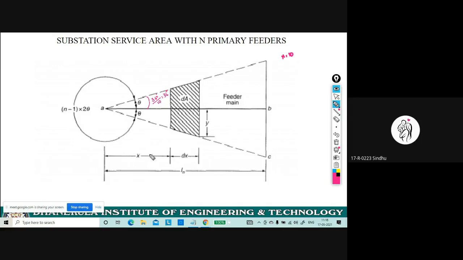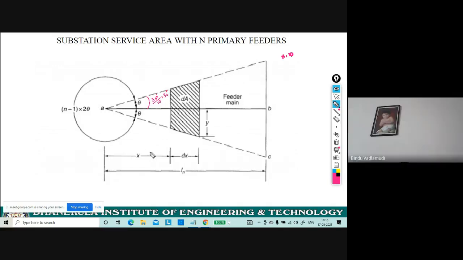In the same way, if n is equal to 12, then theta is 360 degrees by 12. If n is equal to 36 feeders, theta is equal to 360 by 36 degrees. So depending upon the number of feeders, the theta value varies.